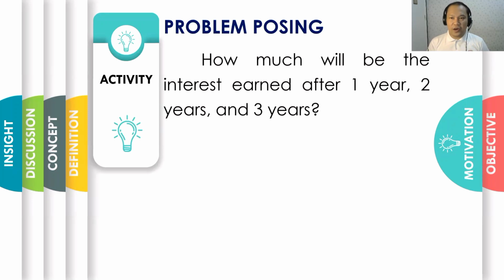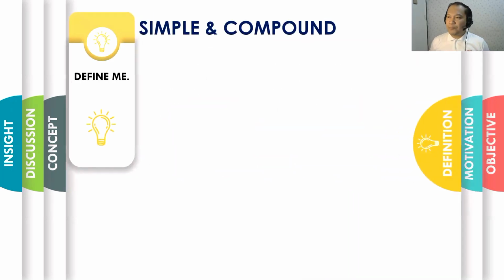Now, the question here is, how much will be the interest earned after 1 year, after 2 years, and after 3 years? Now, this problem talks about simple and compound interest.